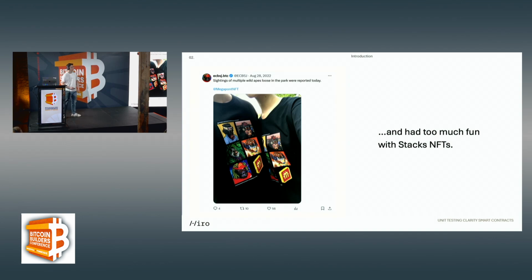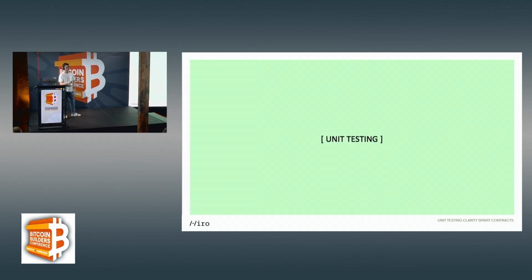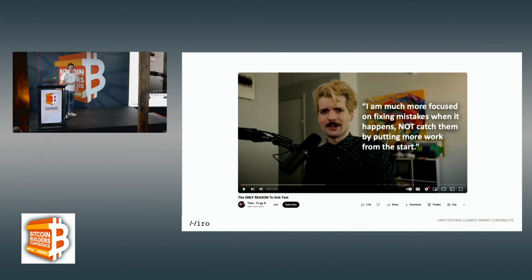And you know what's much more fun than Stacks NFTs? Unit testing. Hopefully you don't get a whiff of my sarcasm, but popular web developer Theo once said, I am much more focused on fixing mistakes when it happens, not catching them by putting more work from the start.